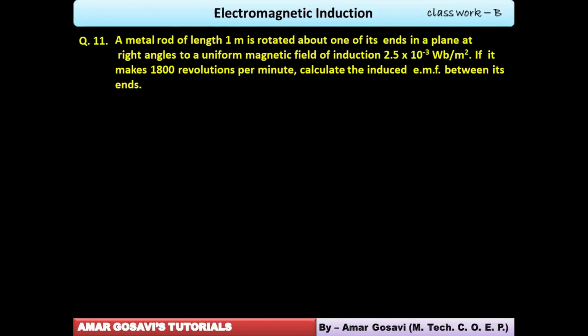If it makes 1800 revolutions per minute, so you have to convert this into revolutions per second first of all. You are supposed to calculate the induced EMF between the ends of the rod.